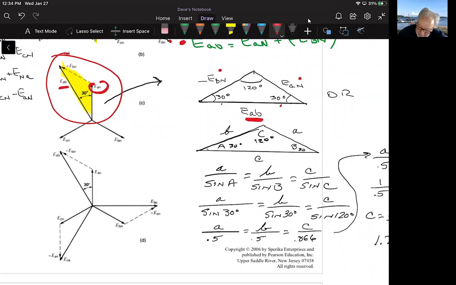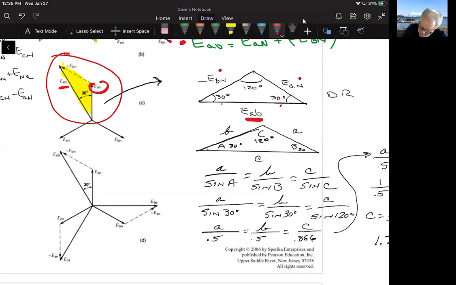What I'm showing you here is an application of the law of sines, which says this side A over the sine of the angle A is equal to B over the sine of the angle B, and side C is equal to the sine of the angle opposite that side.